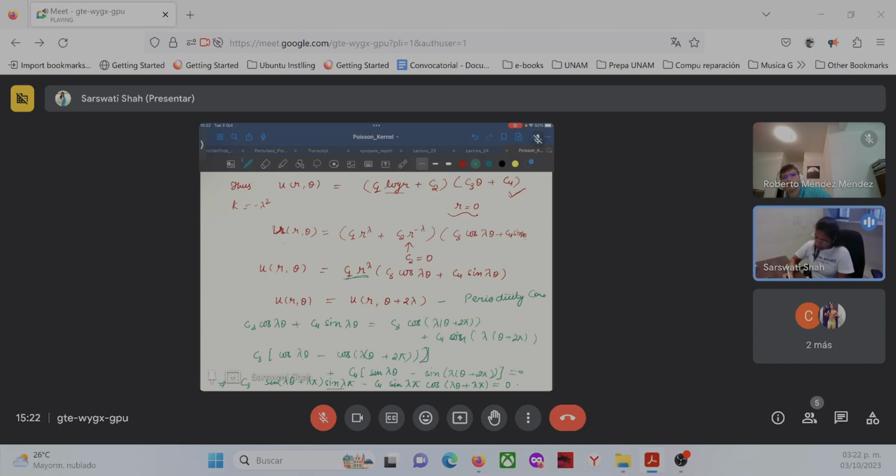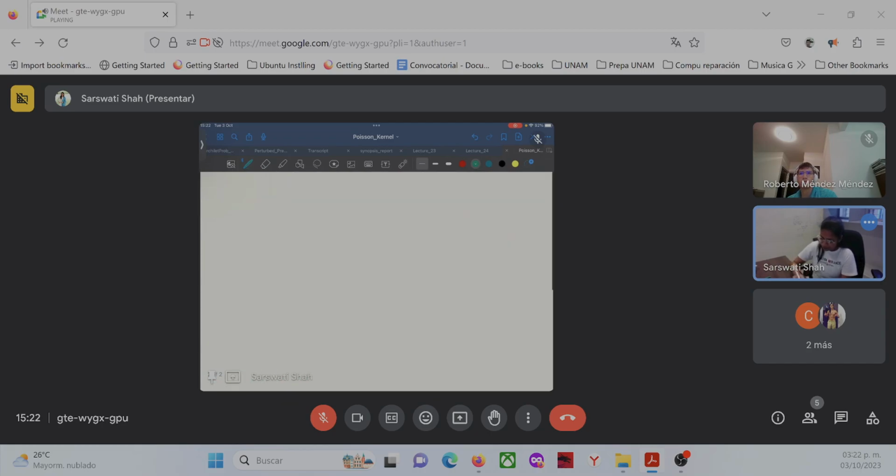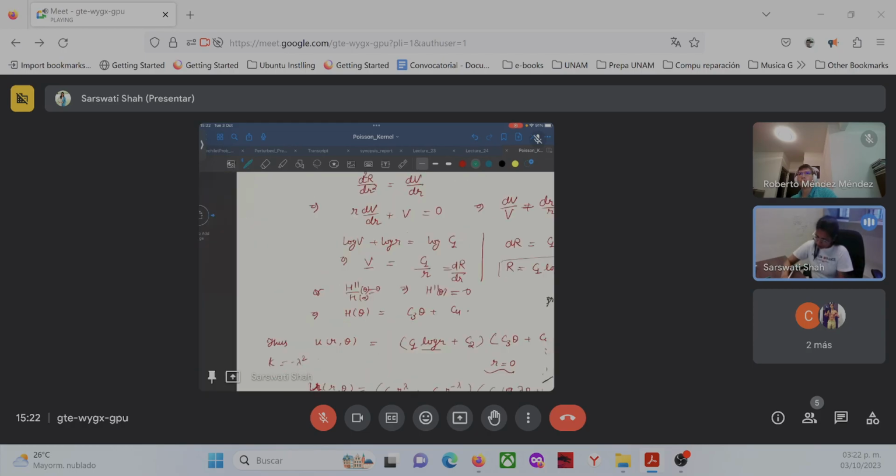So we can take sin lambda pi outside here: C3 sin lambda theta plus lambda pi minus C4 cos lambda theta plus lambda pi, times 2 sin lambda pi. I think 2 will also be coming.